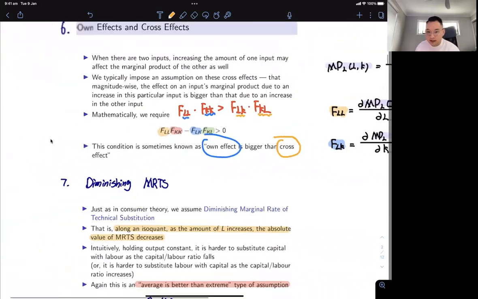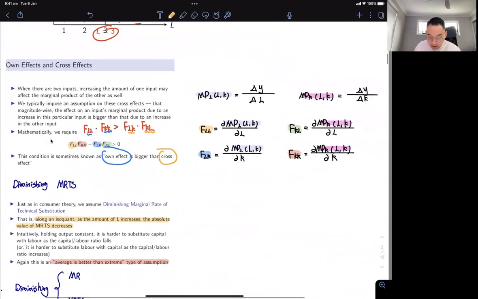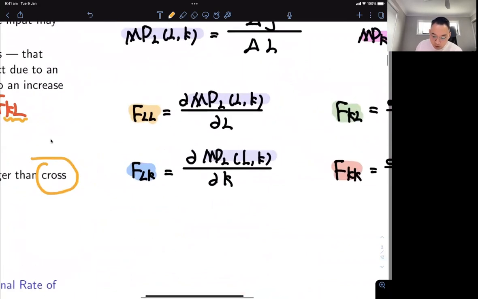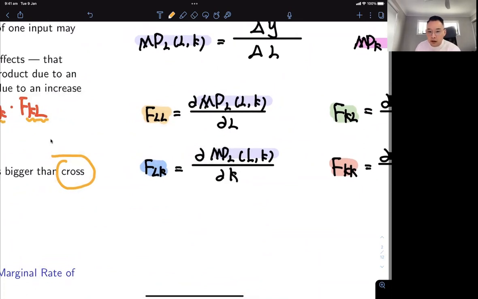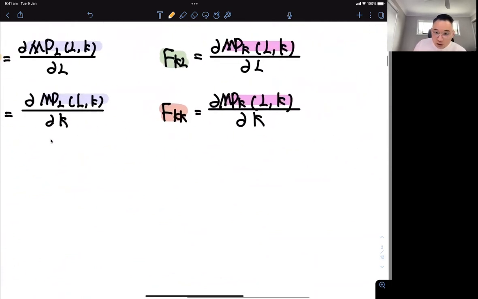So how do we write down F_LL, F_KK, F_LK, F_KL? F_LL is simply the change of marginal product of L against change of L, okay? That's how much change in the marginal product of labor with one unit change of labor, okay? And F_KK is the change of marginal product of capital against change of K.